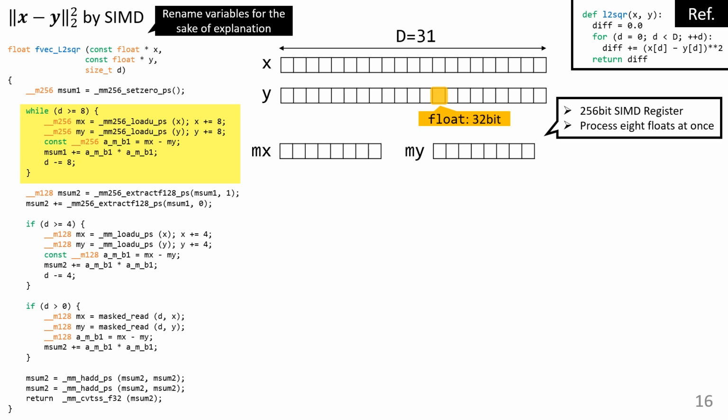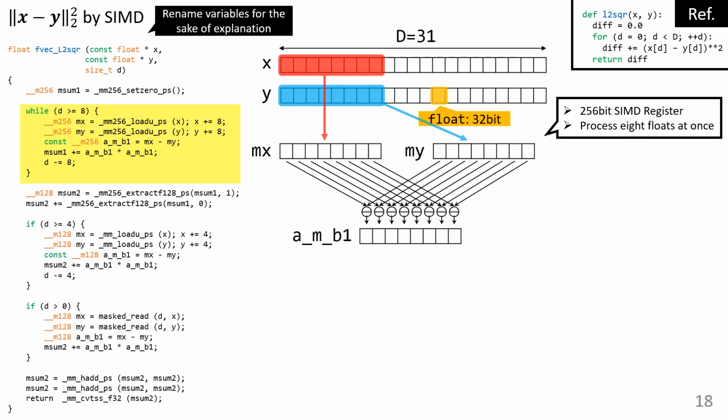So they use SIMD. SIMD is like a special register to compute everything at once. In this case, they prepare 256-bit SIMD registers mx and my. By using these registers, we can process 8 floats at once. So they first read the first 8 elements of x to mx and the first 8 elements of y to my. Then taking minus at once.